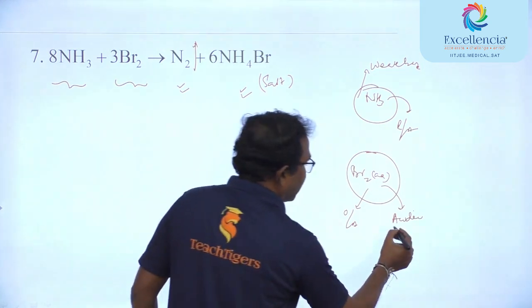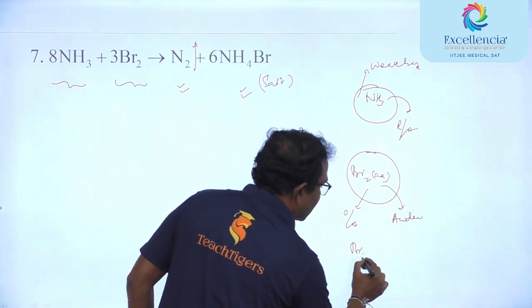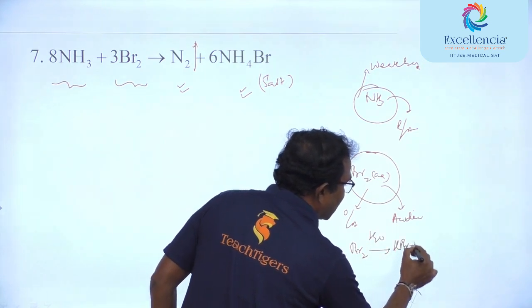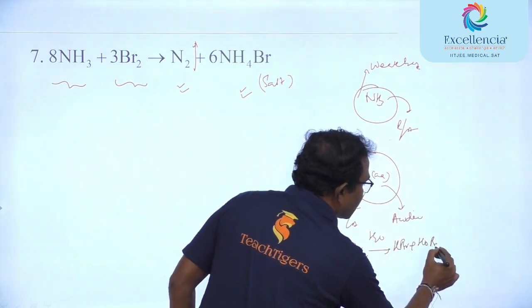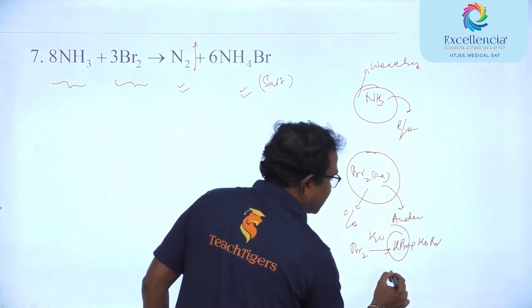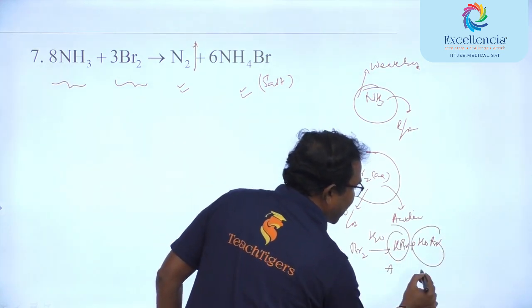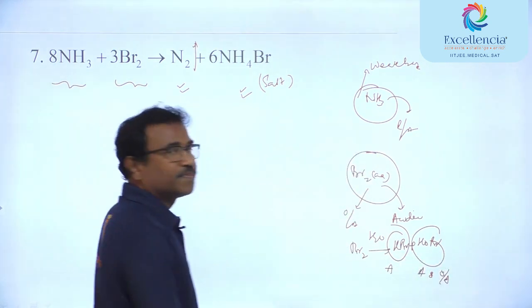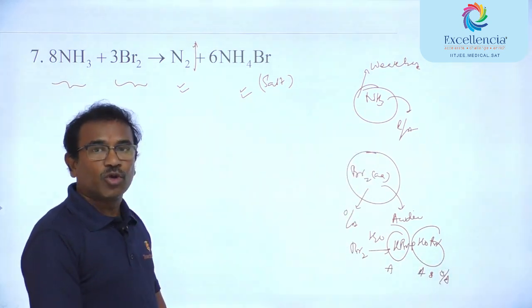How do we know? Bromine plus water always gives HBr and HOBr. This is acidic, and it is an oxidizing agent, both. This is the information we got to know.